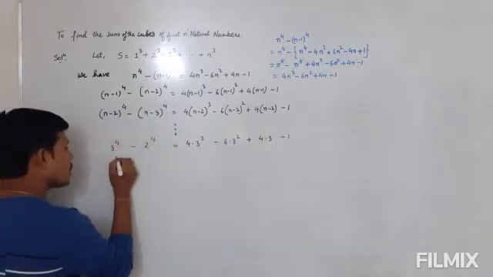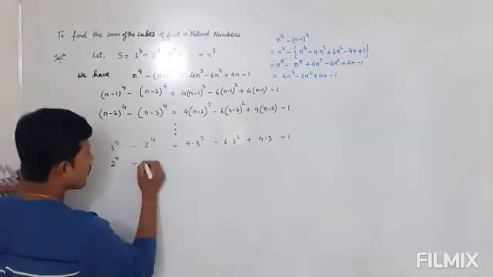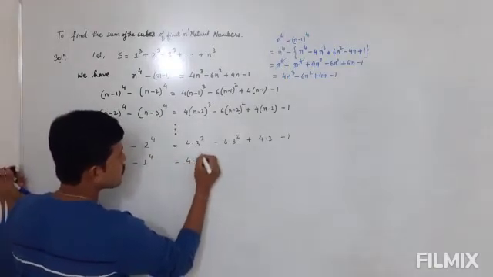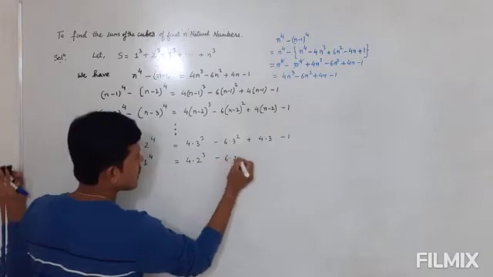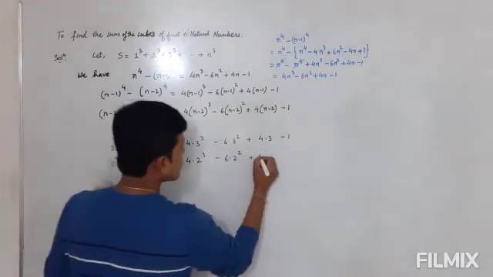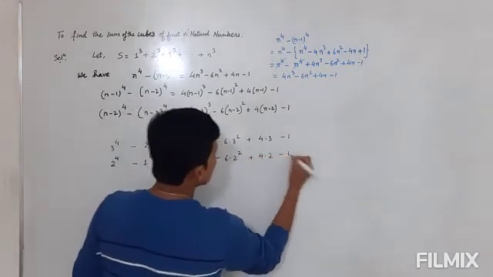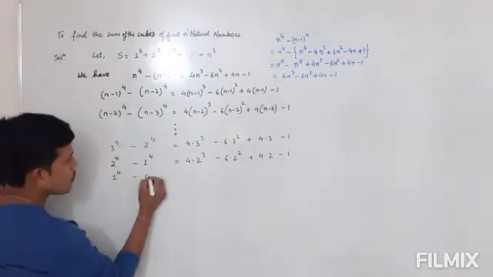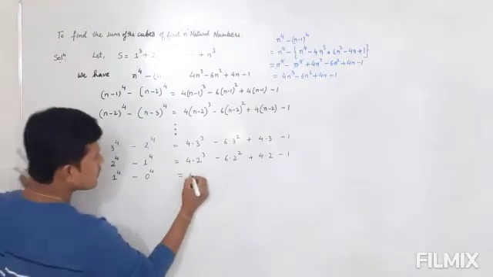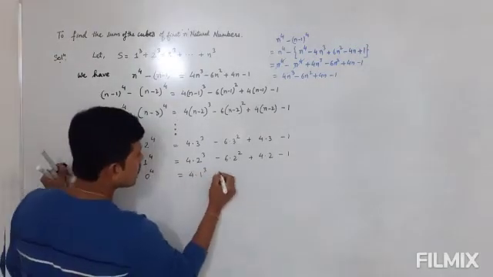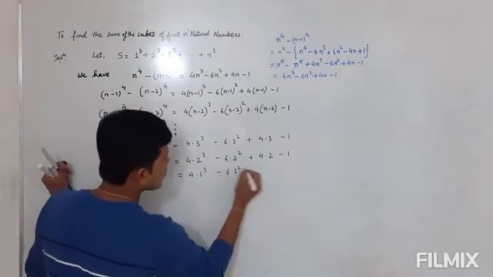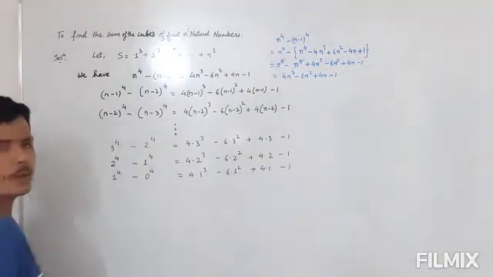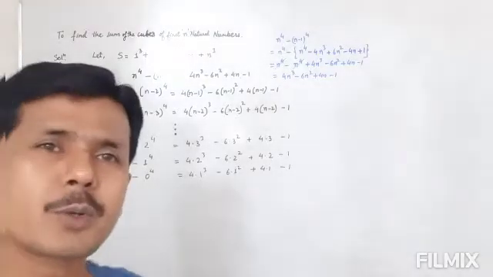Similarly, 2 to the power 4 minus 1 to the power 4, this is 4 times 2 cube minus 6 times 2 square plus 4 times 2 minus 1. And last, 1 to the power 4 minus 0 to the power 4. This is 4 times 1 cube minus 6 times 1 square plus 4 times 1 minus 1. I hope till here you have understood it.